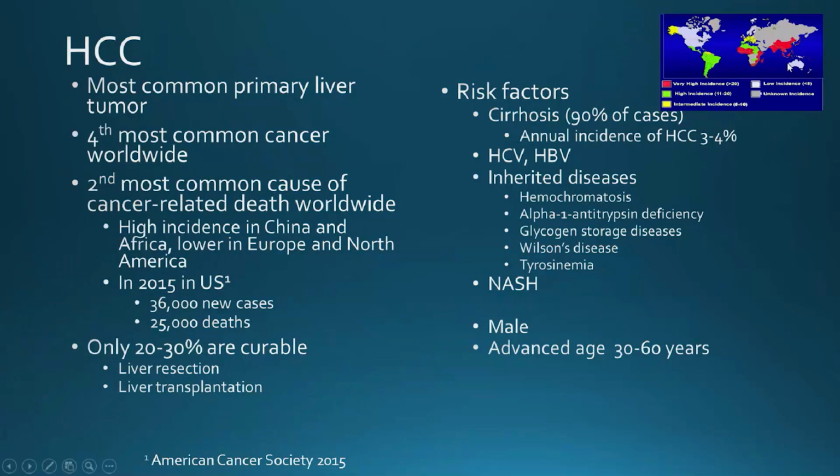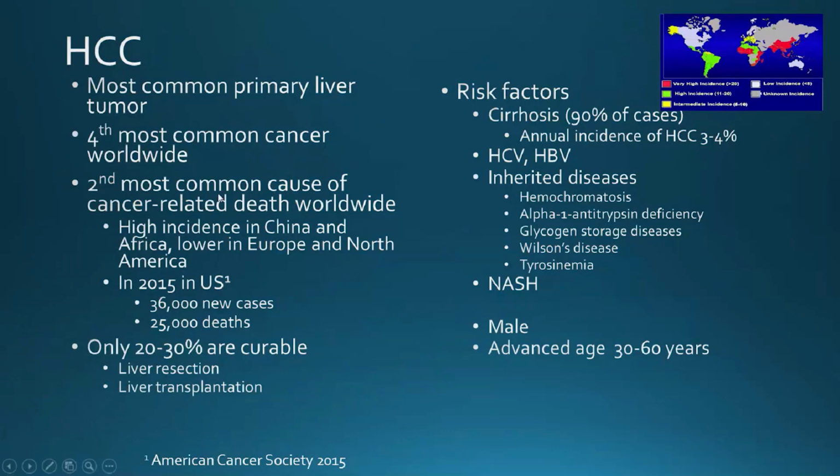In this little picture, you can see that those areas in red are where hepatocellular carcinoma is most commonly seen, in populations with a much higher incidence, probably more than 20 per 100,000 population. And the areas of gray and lighter areas are less commonly seen in population.